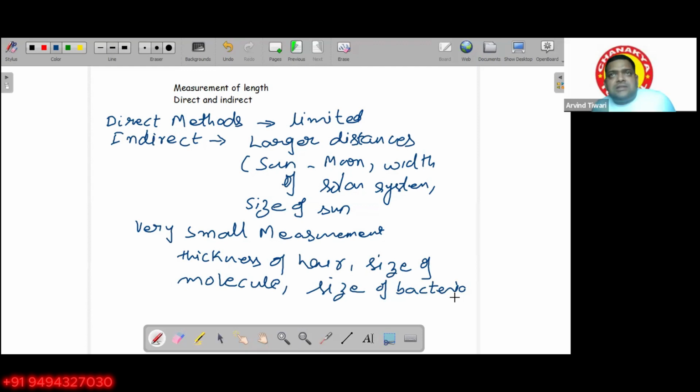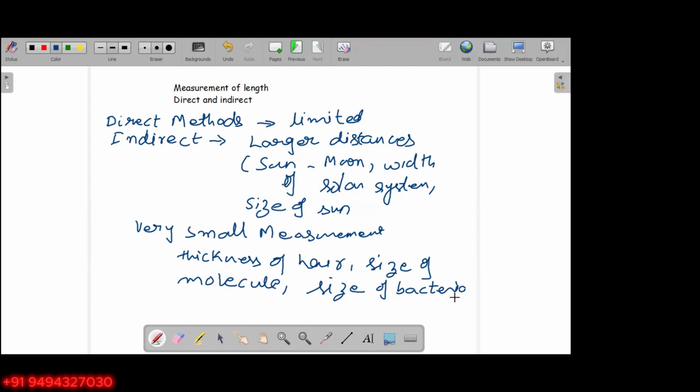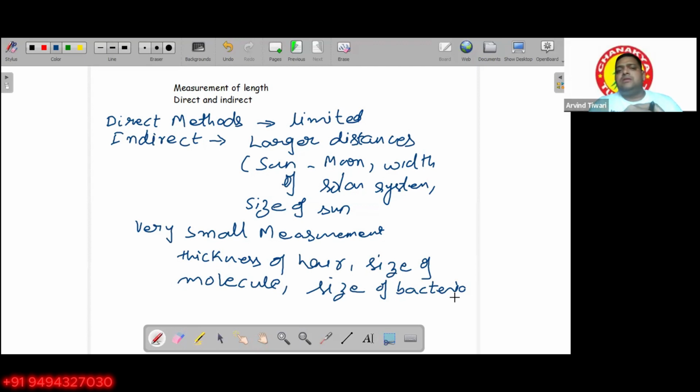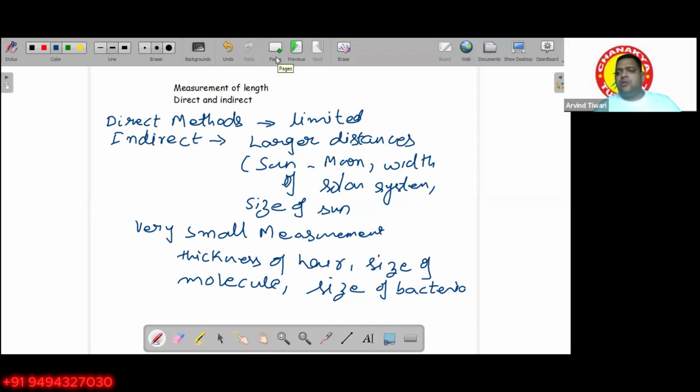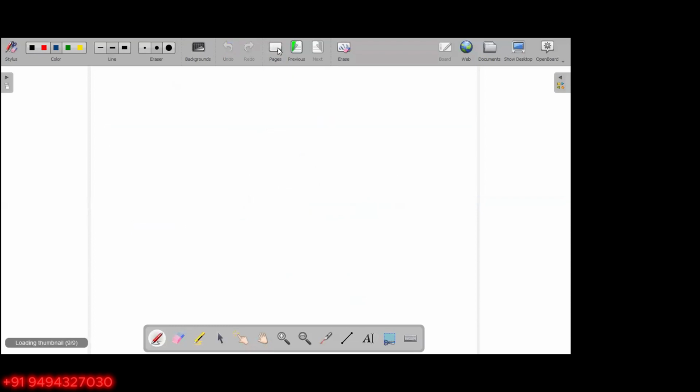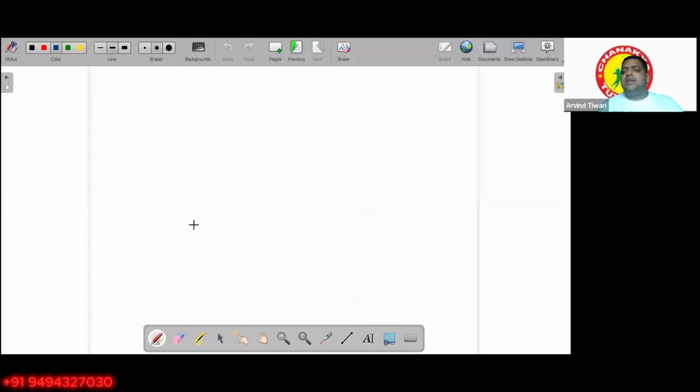Okay. So let us see how we can find out the different distances. How can we measure the distance of moon, or how can we find out the diameter of moon? This is one of the examples.